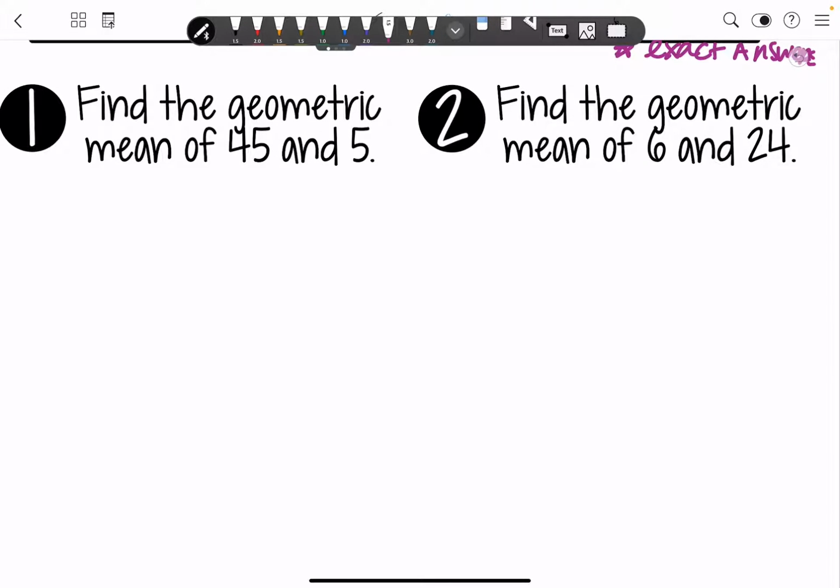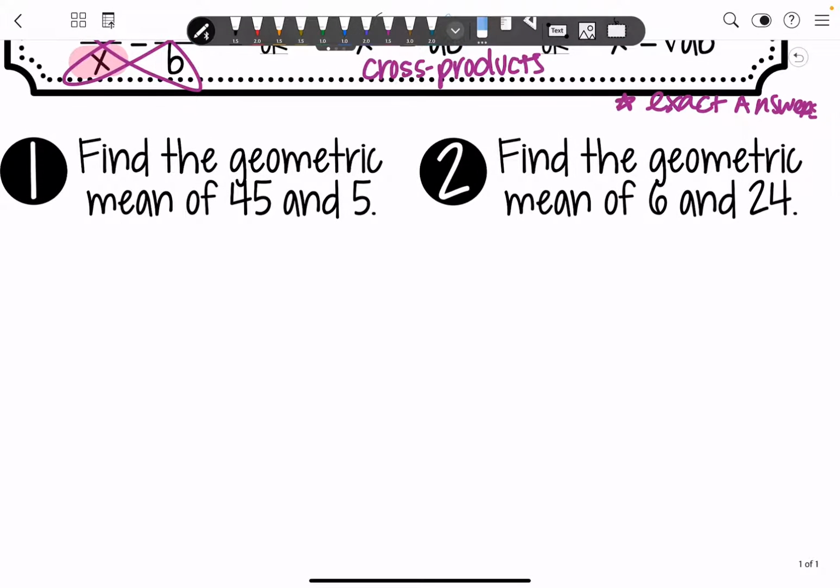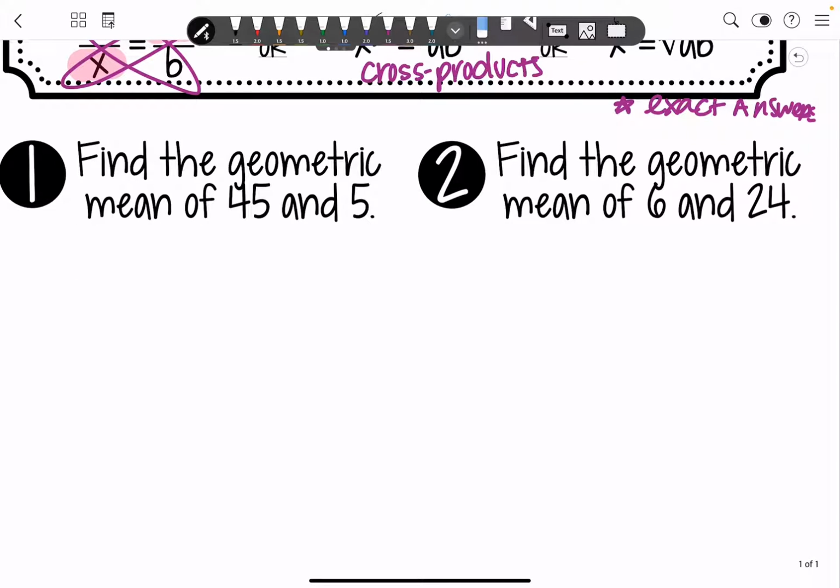So let's try it out with number 1 and number 2. These are going to give us perfect squares, so it'll be nice. Find the geometric mean of 45 and 5. The way I'm going to do it is 45, x, and then 5. You can set it up this way, or you can put the 45 here and the 5 on top. It doesn't matter which, because multiplication is commutative.